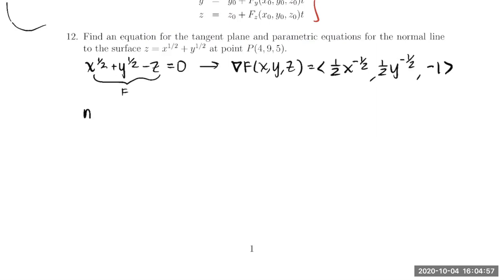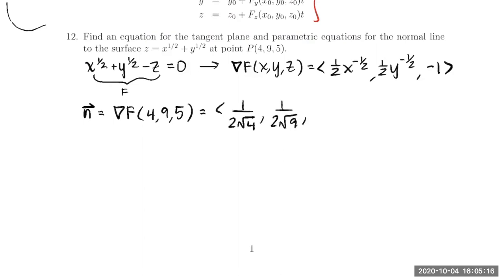So in particular, my normal vector n, which is going to be the gradient at my point 4, 9, 5, is given by 1 over 2 square root of 4, 1 over 2 square root of 9, and negative 1. So that is 1/4, 1/6, and negative 1. Once I've computed this normal vector, I am now ready to set up both the equation of the tangent plane as well as the parametric equations for the normal line. So let's start with the tangent plane.